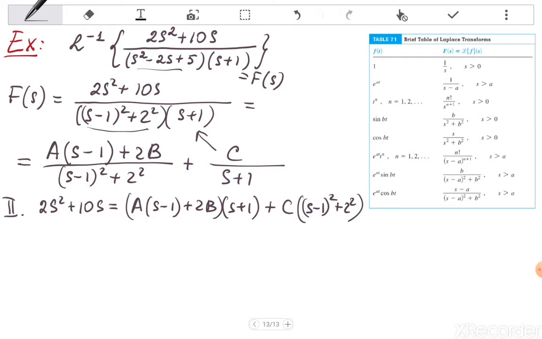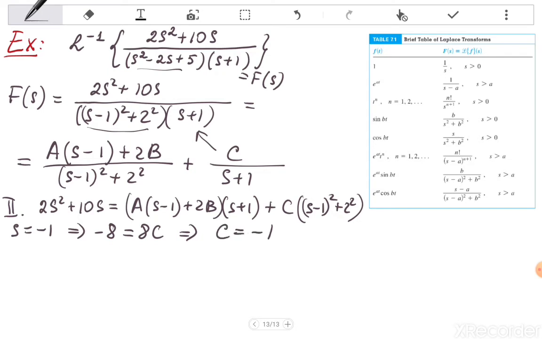So we obtain this expression, and let's take some values of s. Let's take s to be minus 1. In this case, the left hand side is 2 minus 10, which is minus 8. And this a and b bracket will be 0 because of this s plus 1. And for c, what do we have? If s is minus 1, we get minus 2 squared is 4, plus 4, so this is 8c. So c now is minus 1.